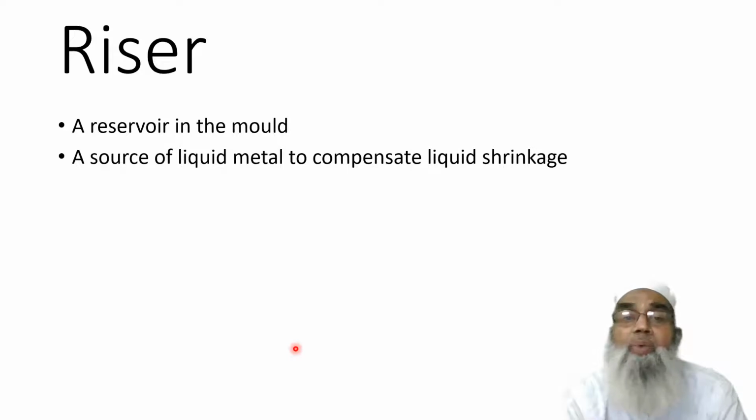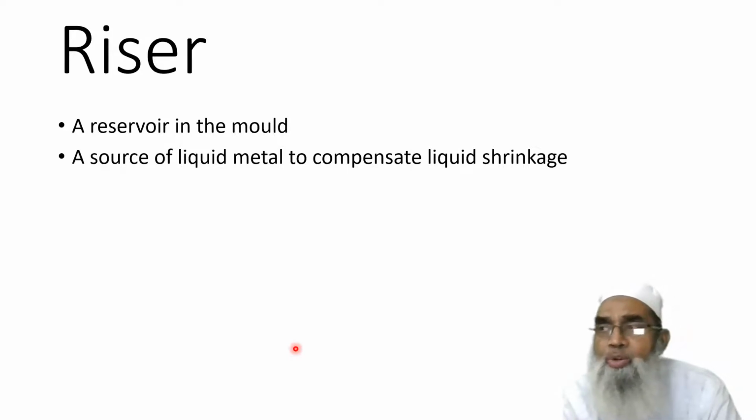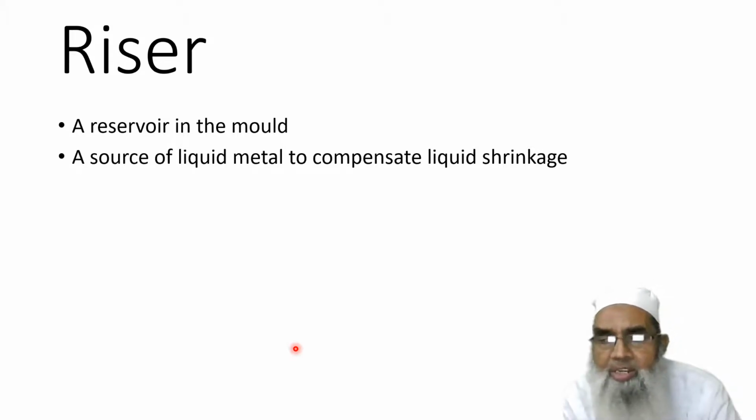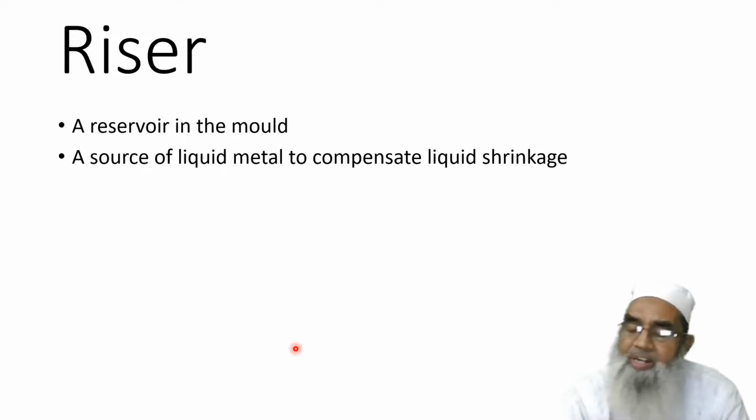Therefore, from superheat to solidification temperature, and not only this, during solidification phase change shrinkage takes place, and during phase change some liquid is still there, so flow of liquid can be achieved. Therefore we can provide a feed mechanism so that during this liquid shrinkage proper feeding of the molten metal is given to the cavity so that we can have a defect-free casting.